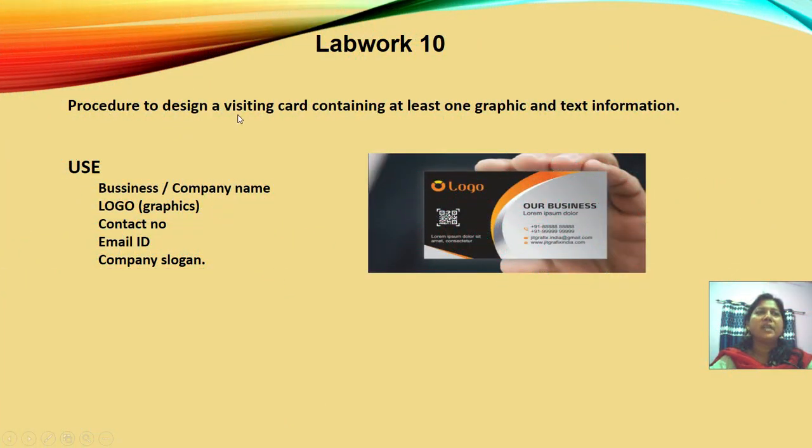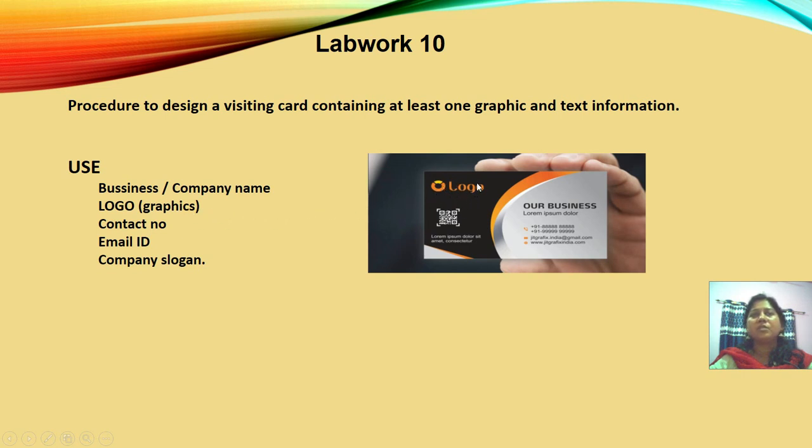Procedure to design a visiting card containing at least one graphic and text information. As I am selecting this design card, where your company name should be written, that is your business name or company name, and below that you may write your proprietor name. Along with it, you have to design the logo using some graphics.